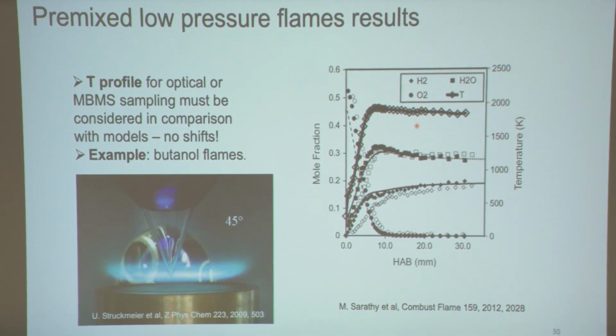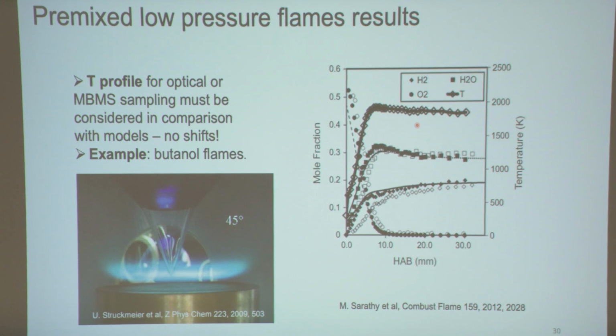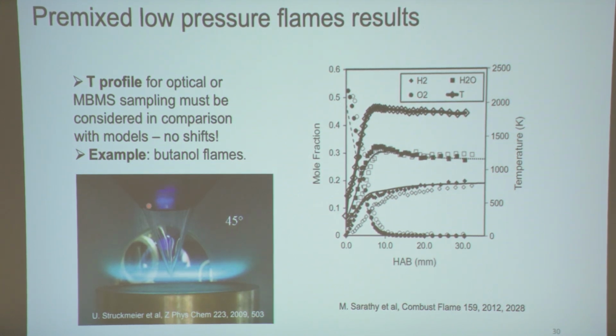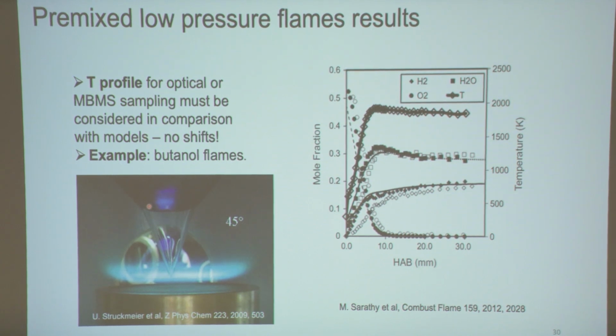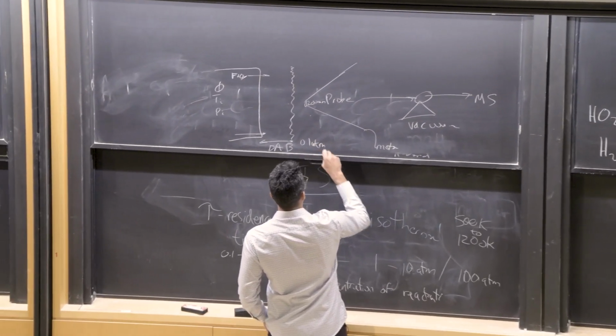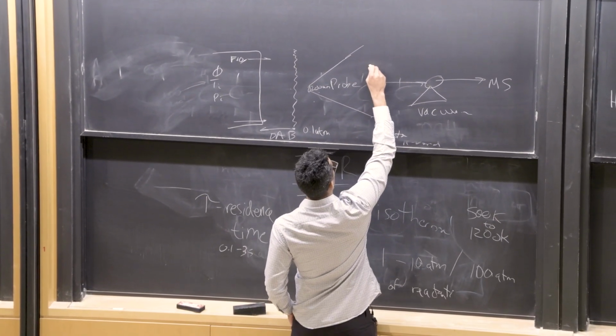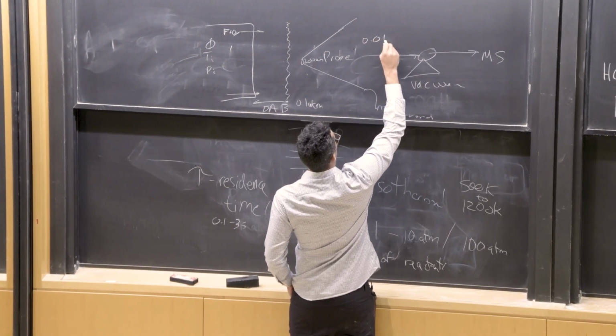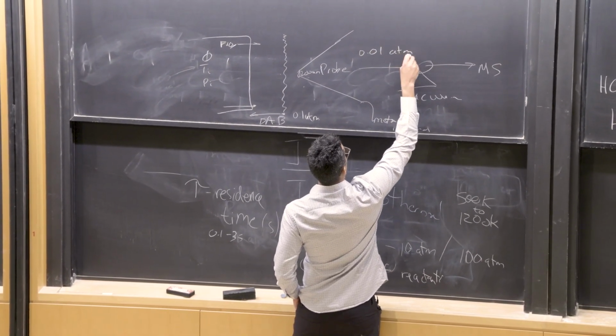It's amazing. Even radicals you can measure, because this cone is connected to a vacuum. If this is, as we said, a 0.1 atmosphere flame, this one would be like 0.01 atmospheres, so maybe 10 torr or something.